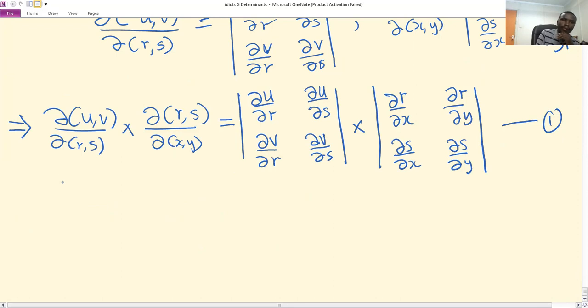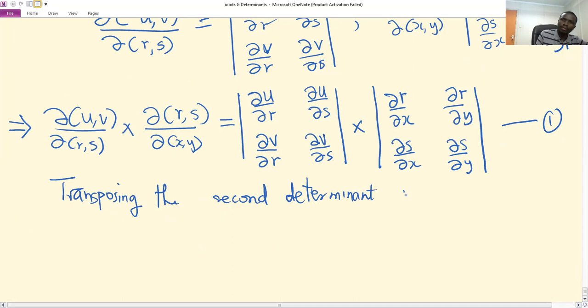Now, transposing the second determinant in 1, remember that the transpose of a matrix doesn't affect its determinant, so the value will remain the same.